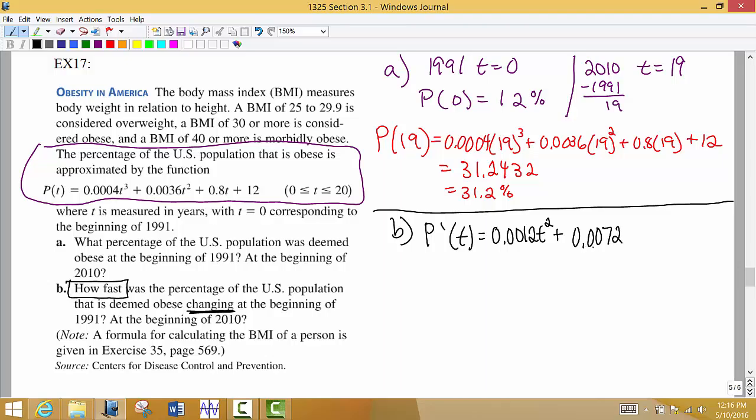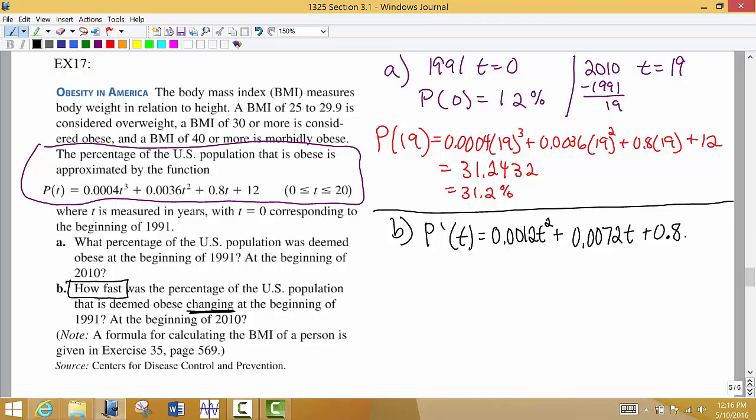I get 0.0072, and then we reduce the power by 1 and just get t to the power of 1. Then the next term, a constant times t, just gives me the constant value, 0.8. And the last one is a constant, and the derivative of a constant is 0. So I'm going to end my derivative right there.